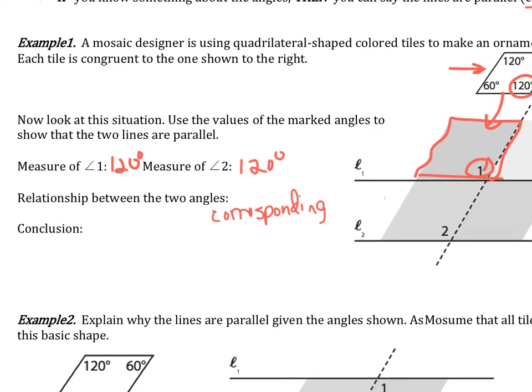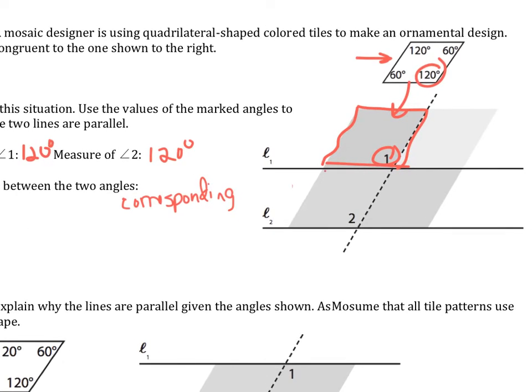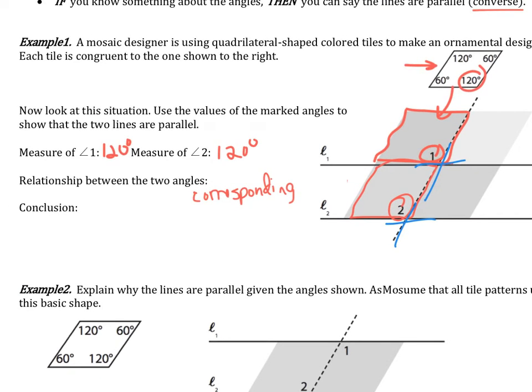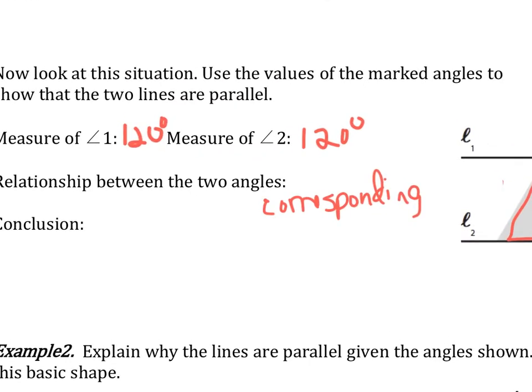They are in the same location, in the top left of their intersection. Here's one intersection and the second one. They're both in the top left, so they'd be corresponding. According to our theorems, corresponding angles should be congruent. Are they congruent? Yes, they're both the same.